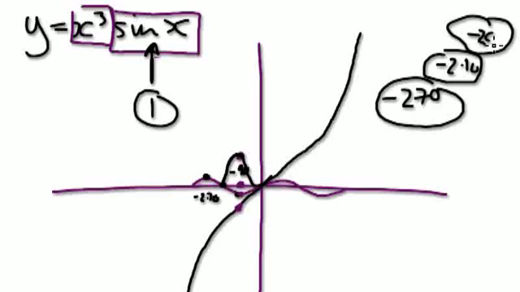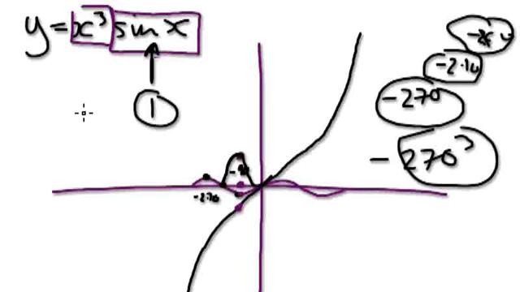There are three negatives, so negative times a negative times a negative gives you a negative answer. I'm just going to say negative big. So this overall block would be negative big.